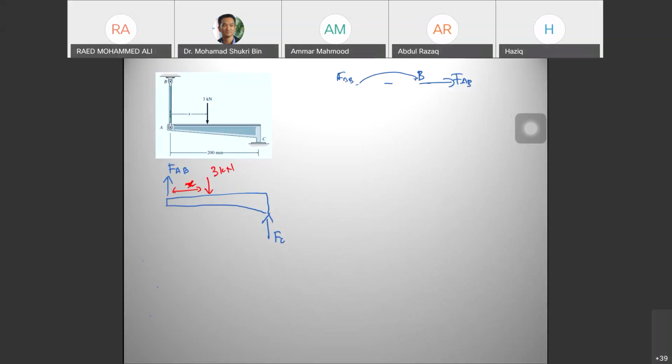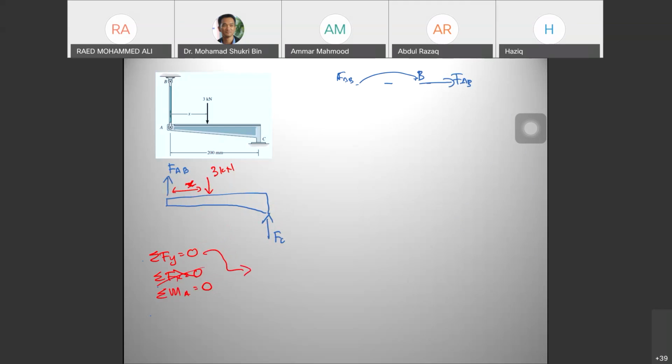So you are left with summation of Fy equals 0, summation of Fx equals 0, and moment at any location. Let's say moment at A is 0. Alright. So this one is no use because you have no x direction. You only have Fc in y direction, 3 also in y direction, FB also y direction. So you use only these two equations, right?